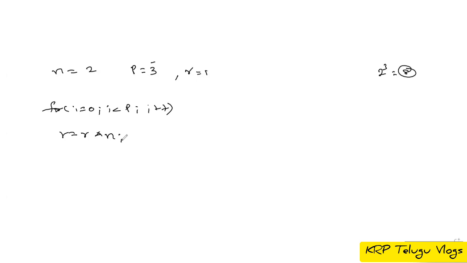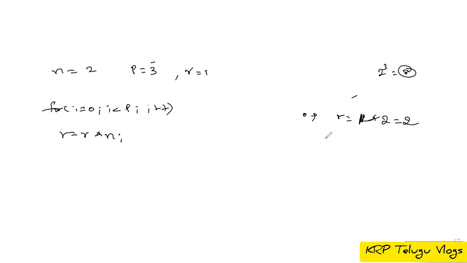So what will happen initially? i value is 0, 0 is less than 3. So this is true. So r is equal to r into n. So 1 into 2 is nothing but 2. Clear? Yes, sir.